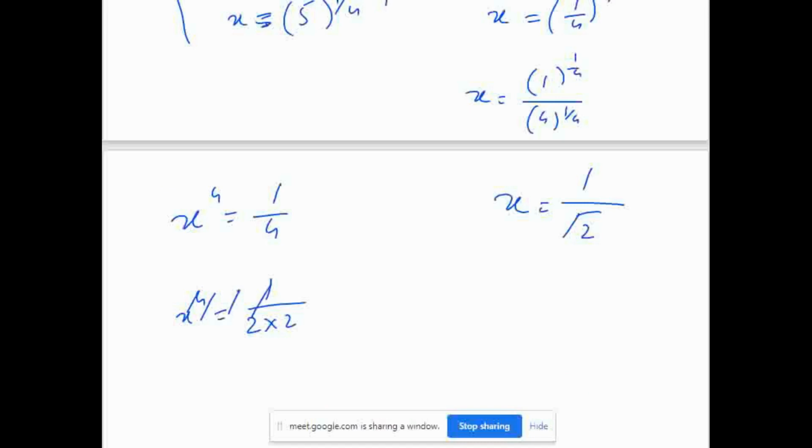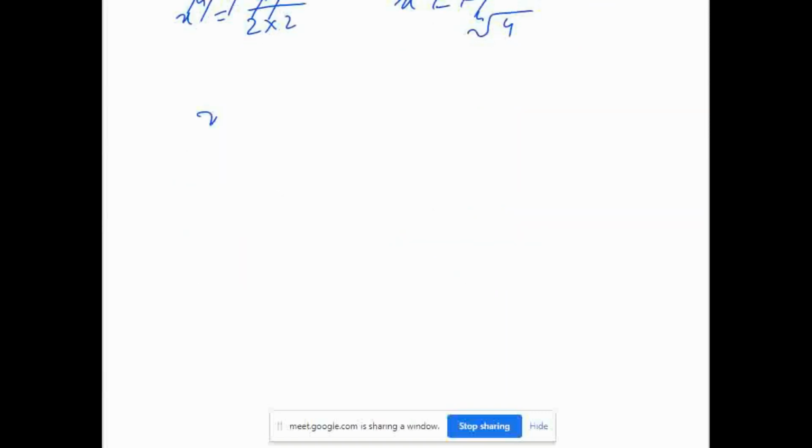Okay. Now here we can write it as x will be equal to 1 by 4th root of 4. Is it clear? Actually, as we have discussed previously, the property like x^4 is equal to 1 by 4.